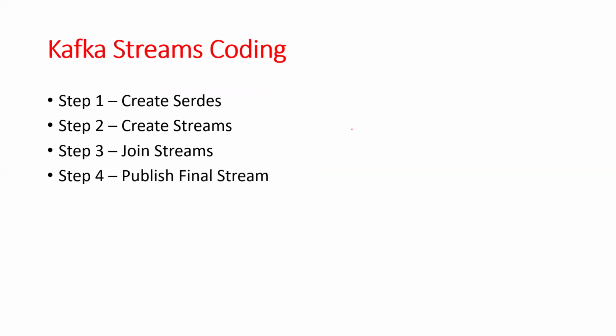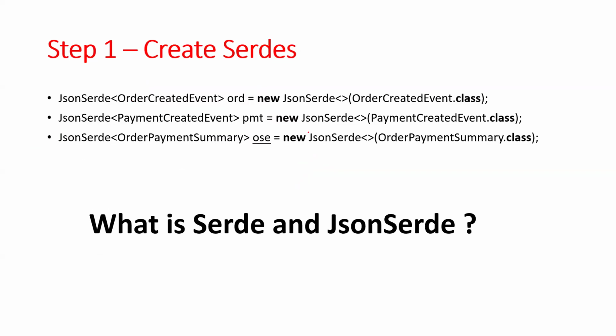Now to implement this in Kafka Streams, we need to follow four steps. The first step is creation, then creation of the streams, joining the streams, and publishing your stream data here. First, what are the events you are receiving from your microservices?